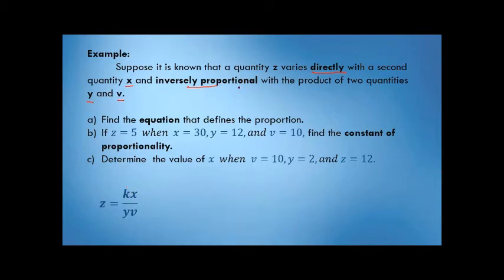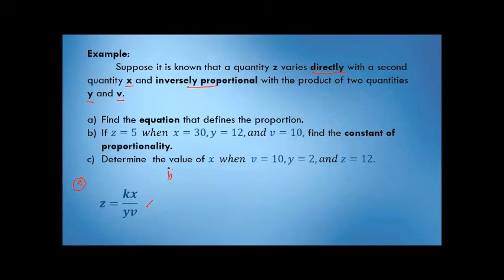And inversely proportional to the product of two quantities. So meron tayong product ng Y and V, pero naka-inverse proportion siya sa Z, kaya nasa denominator siya. Ito ang magiging equation natin. Z is equals to K times X all over Y times V. So this is the equation. This is the answer for letter A.